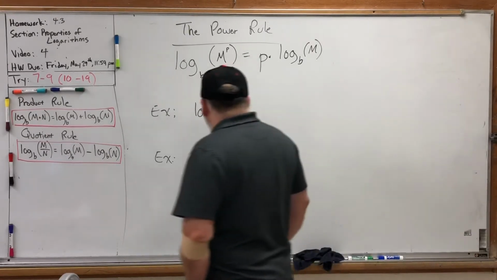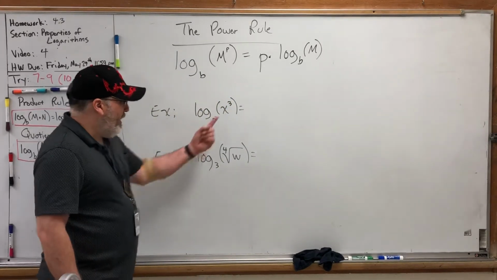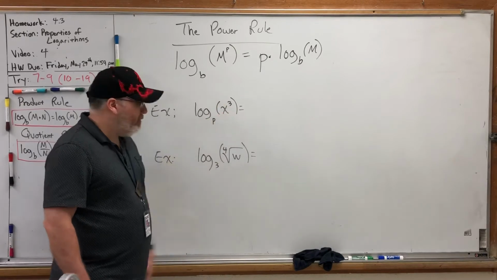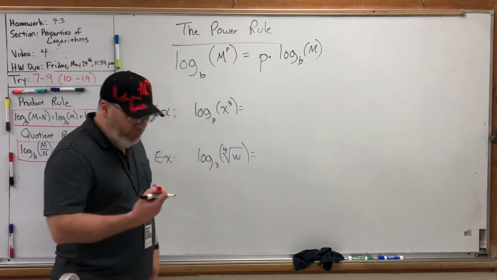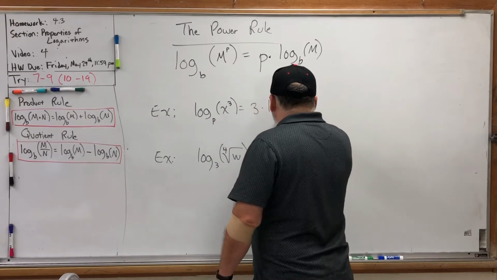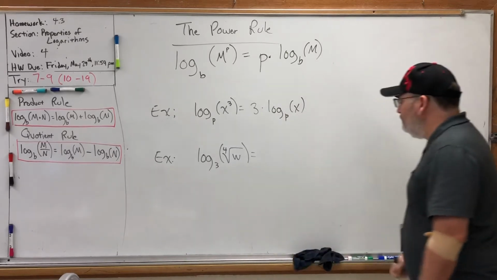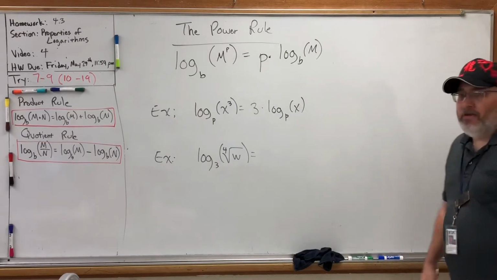So for example, we have log base p of x to the third power. There is a power that belongs to the whole argument. The power rule simply says we can pull the 3 down. All right, 3 times log base p of x. That wasn't difficult.